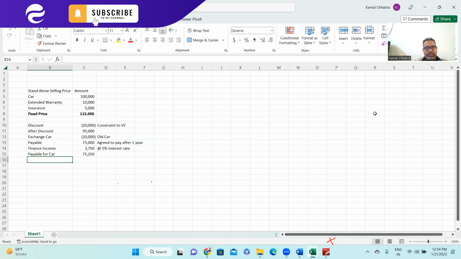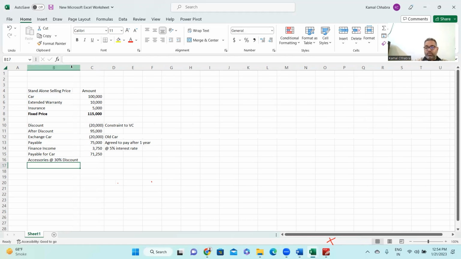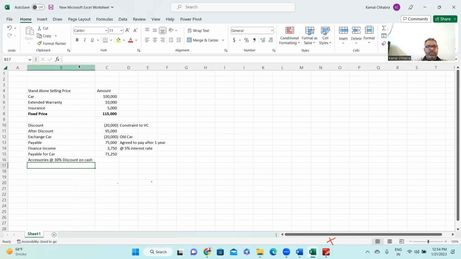And then you purchase accessories at the rate of 30% discount. On cash. Let's assume you purchased an accessory for 1750.